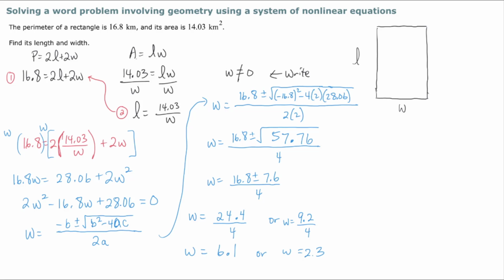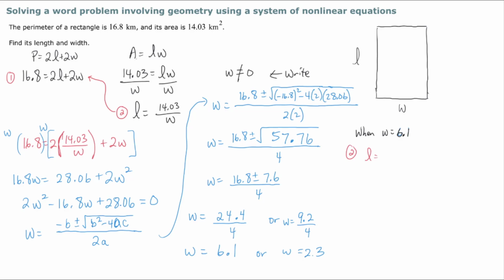So let's just pick on one of these. Let's pick on the first W. What happens when W is equal to 6.1? So when W equals 6.1, let's find L. How do we find L? We'll go back to equation 2, where L is equal to what?